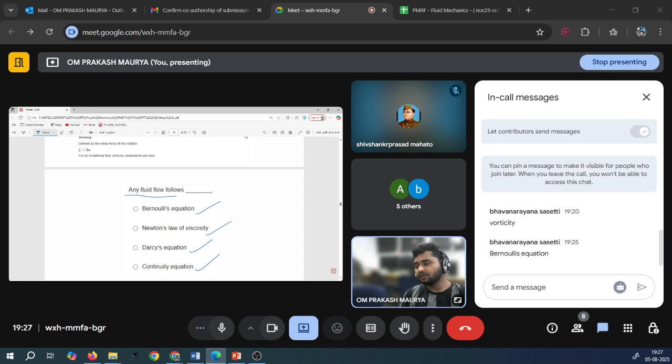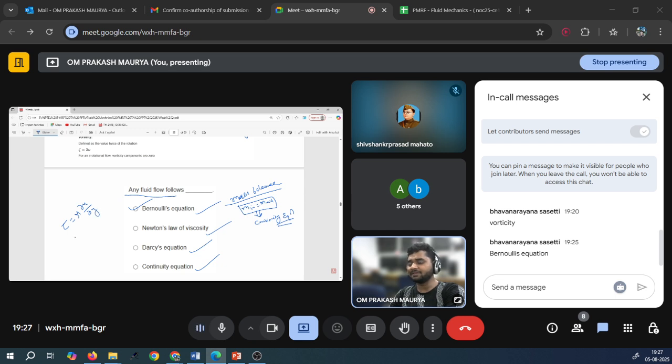Let us discuss. Here we are talking about any kind of fluid. So remember, the mass balance should be followed by all fluids, that is, mass in equals mass out. That is your continuity equation. Maybe your fluid may not follow Newton's law of viscosity, which is tau equal to mu du by dy.